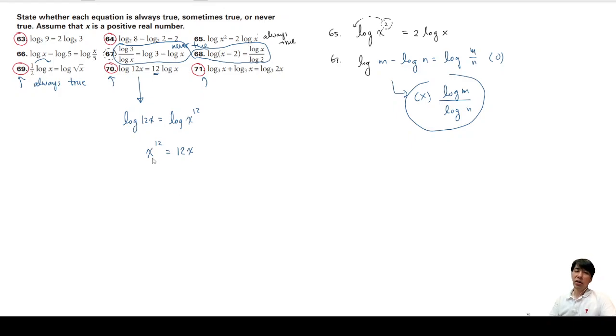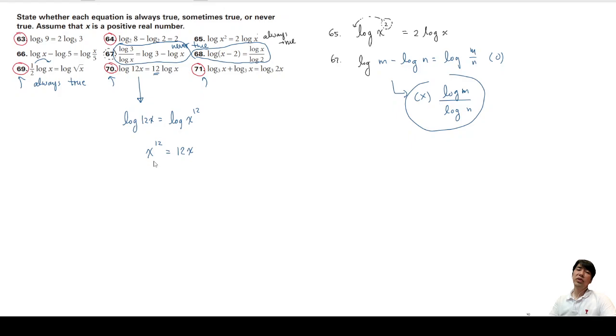When x is 1, the left-hand side is 1, the right-hand side is 12. So there's a big difference. If x is 2, what happens? This is not exponential, but a polynomial function with power 12. So 2 to the power of 12 is a huge number here. But if you plug in 2 here, that's only 24.